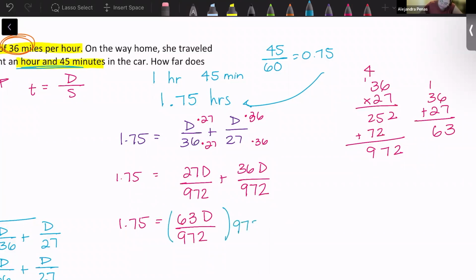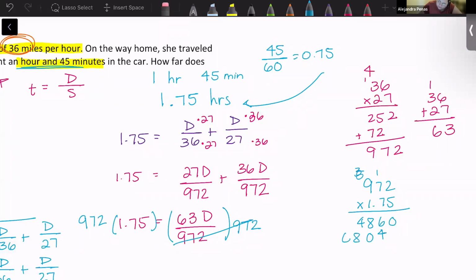Multiply both sides by 972. So that's going to be what? 1.75 times 972, and we need two numbers behind the decimal.